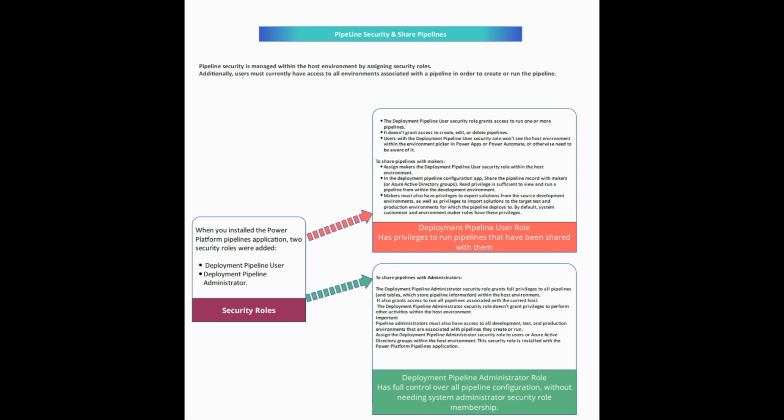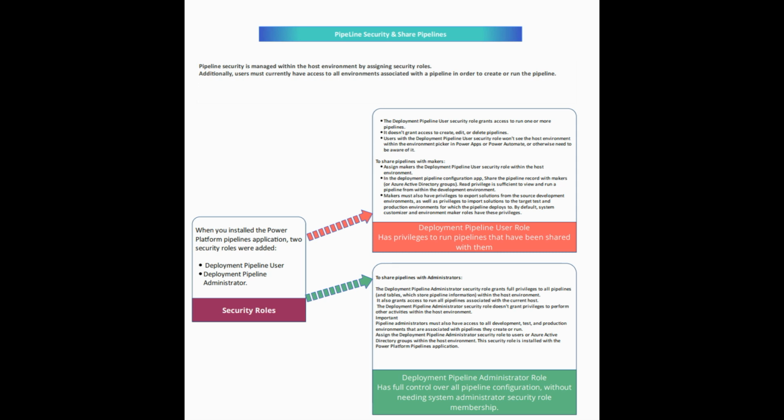It also grants access to run all the pipelines associated with the current host. The Administrator security role doesn't grant privileges to perform other activities within the host environment. We can assign the Deployment Pipeline Administrator security role to users or Azure AD groups within the host environment.